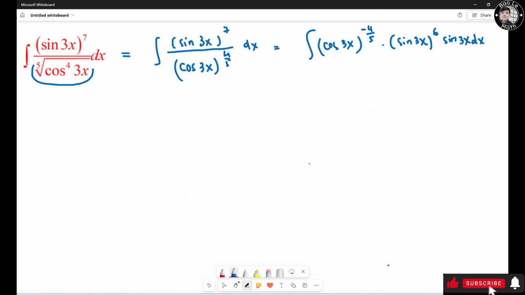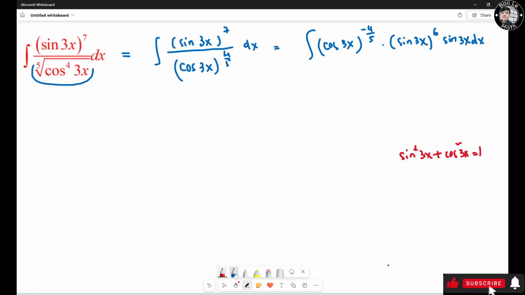Now, sine of 3s to the 6, I can expand this one using the formula sine square of 3s plus cosine square of 3s equals 1, right?